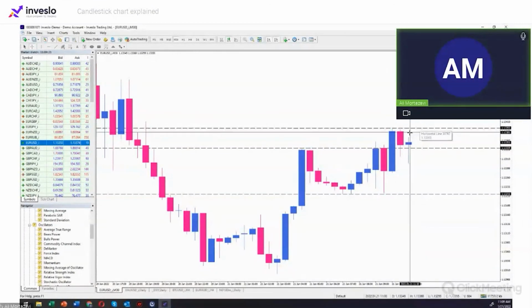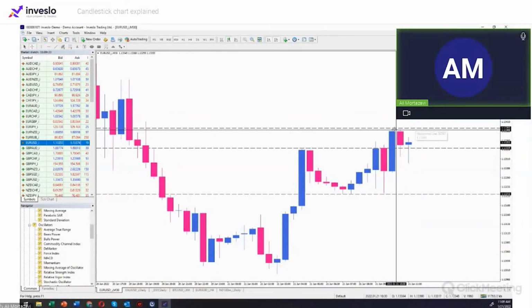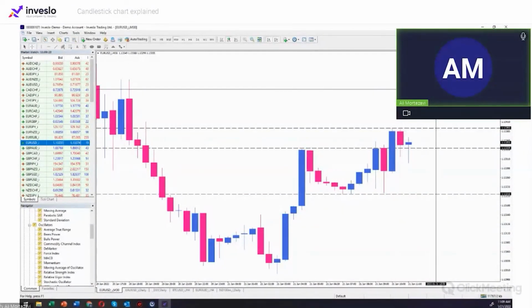When I see the market clear this resistance, I can hope to see higher prices by bullish momentum gaining.